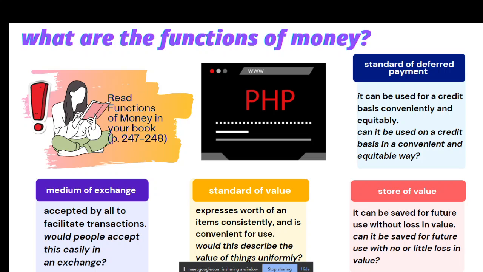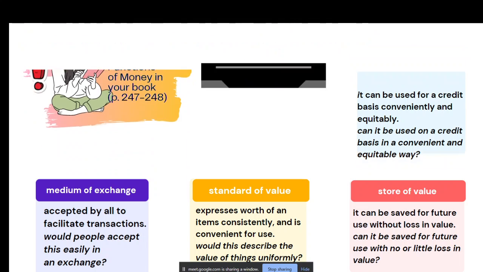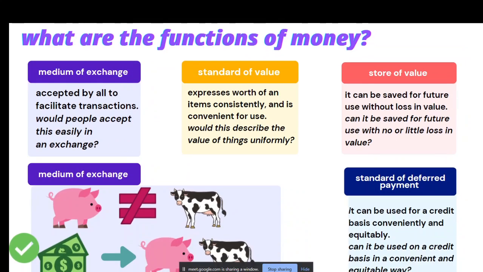You could also read this on page 247 to 248 of your book, but these are the overviews. So you could use money as a medium of exchange. Let's look at the first one. First, money has to be accepted by all to facilitate transactions. The question you ask is, would people accept this easily in an exchange?